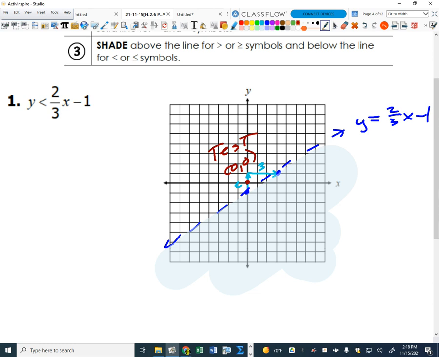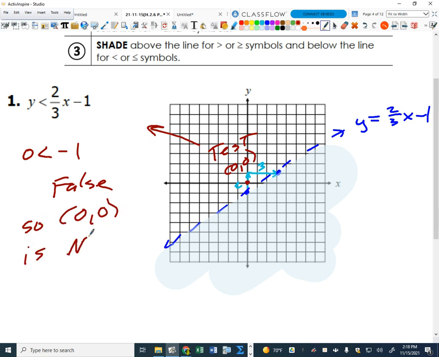If I plug 0 in for x and 0 in for y, I'm going to get 0 is less than 2/3 times 0, which is 0, isn't it? So 0 is less than -1. True or false? False. That is false. So that's telling me that the point 0, 0 is not a solution.